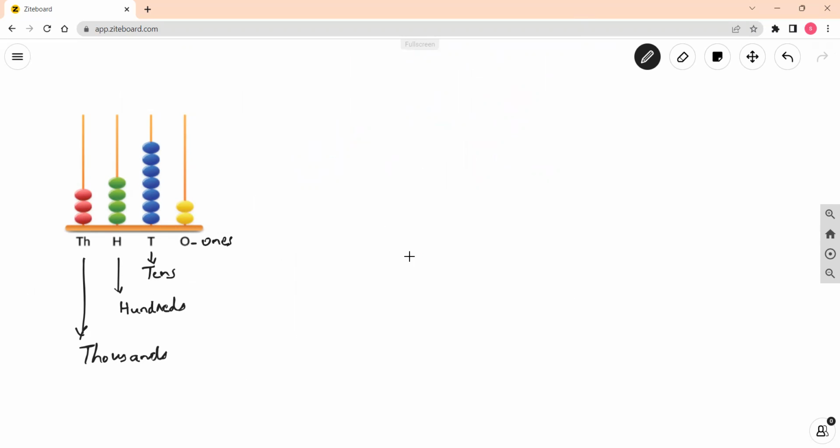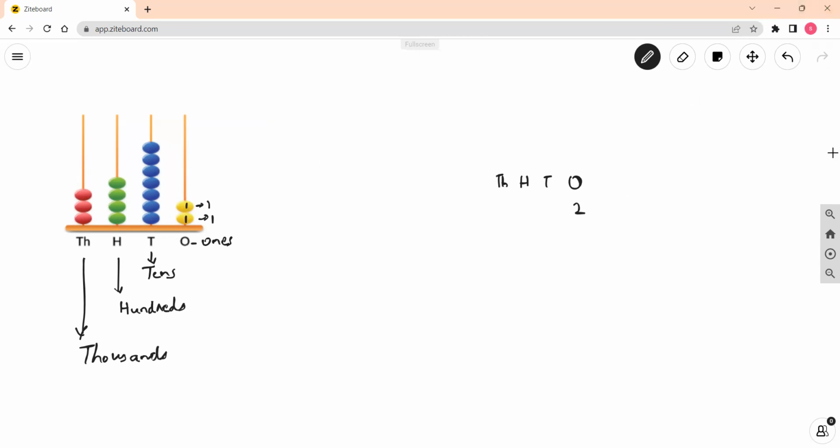Okay. So now here, one yellow bead is equal to 1 unit. It represents only one. So how many ones do we have here? 2. So we have 2 ones.